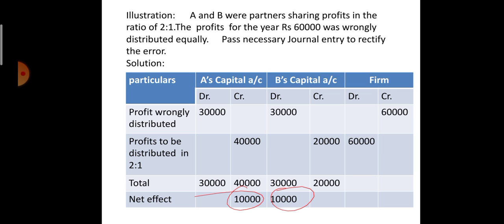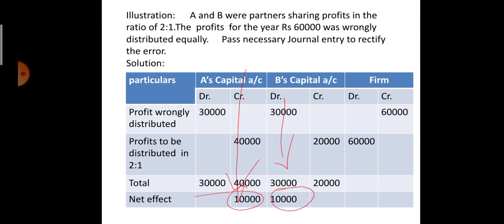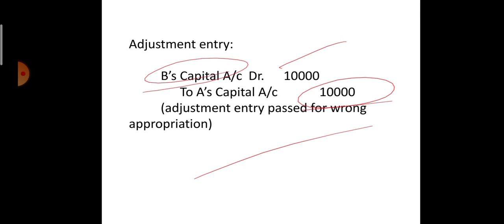Again go through the working. See, A's capital, when we were recording it in the working notes, the credit side was exceeding by 10,000 rupees, and in case of B, the debit side exceeds by 10,000 rupees. So in the adjustment entry, B's capital account debit to A's capital account 10,000 rupees.